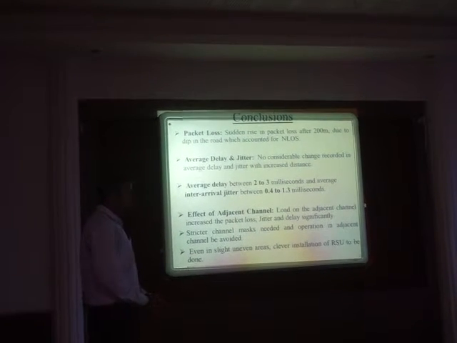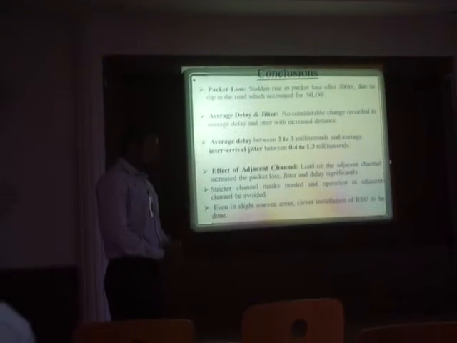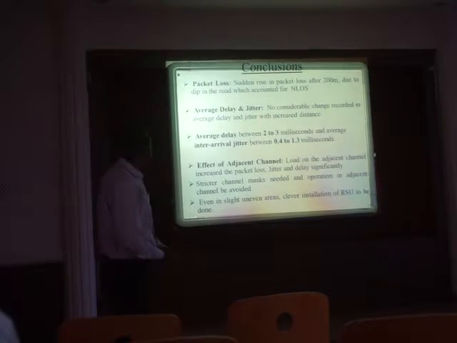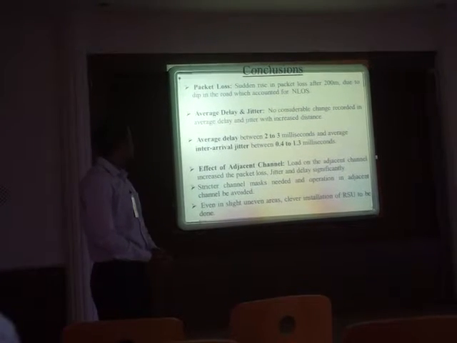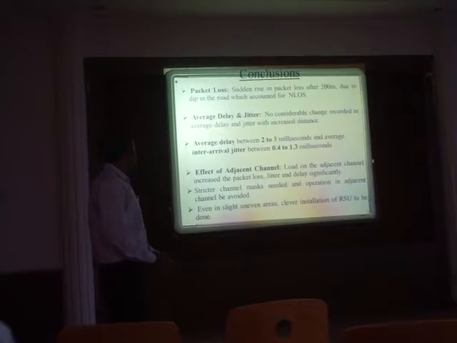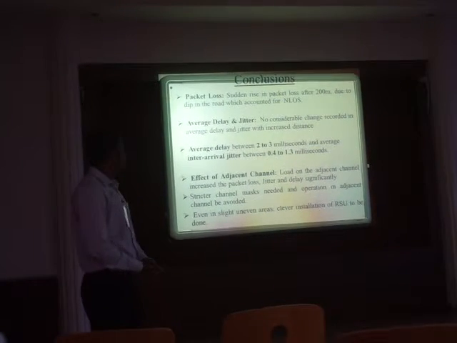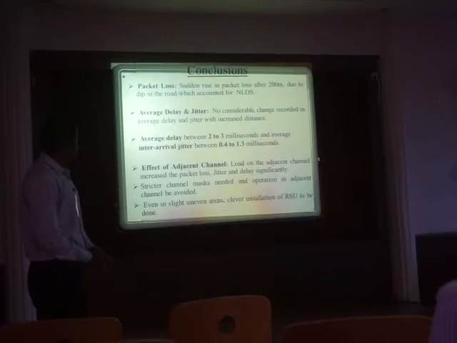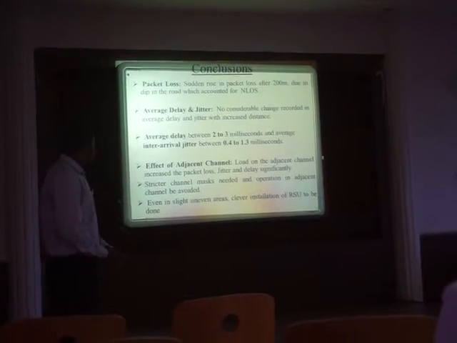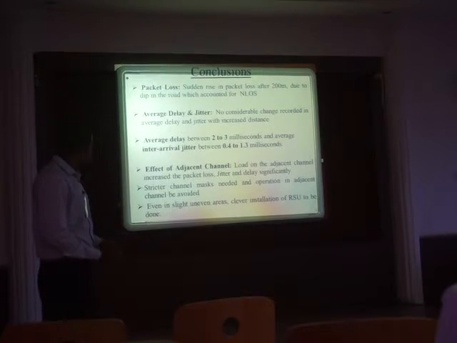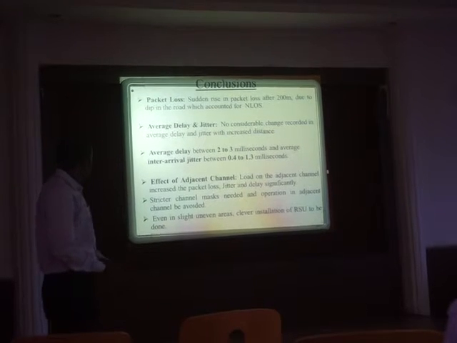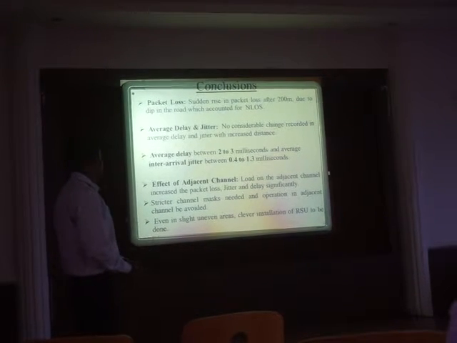They were almost non-varying, and the average delay that we recorded was between 2 to 3 milliseconds, and the average inter-arrival jitter that we calculated was between 0.4 to 1.3 milliseconds. The adjacent channel was the main parameter that had more effect. It had a significant effect on packet loss, RTD and delay.